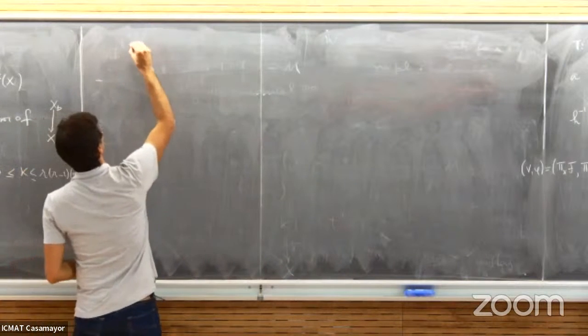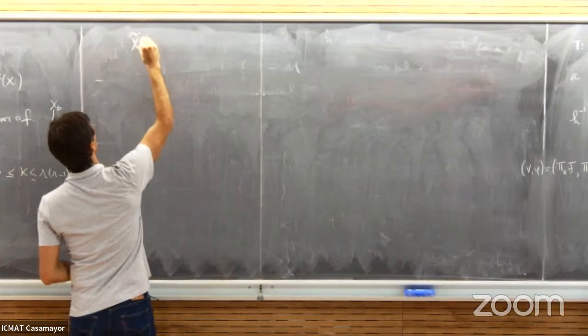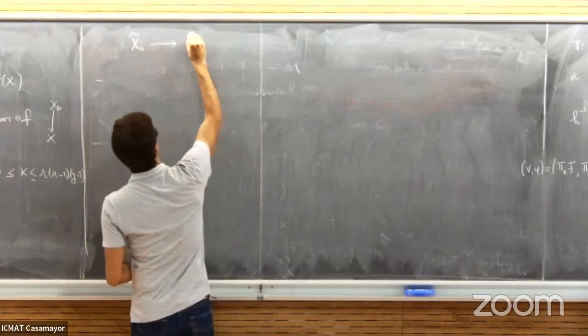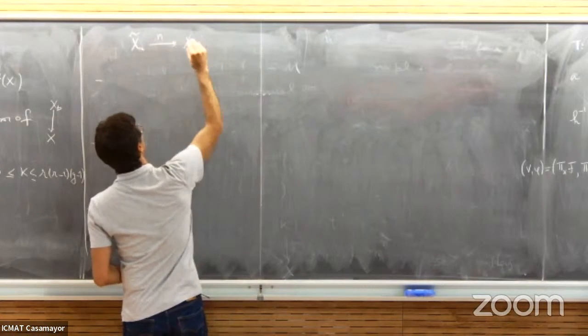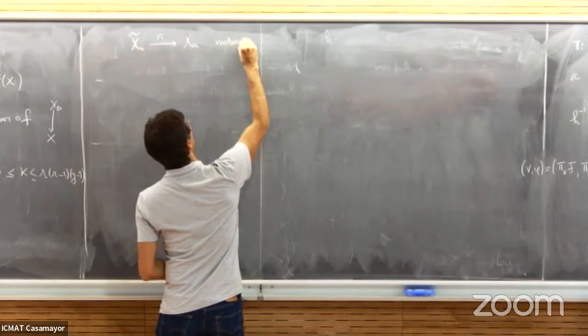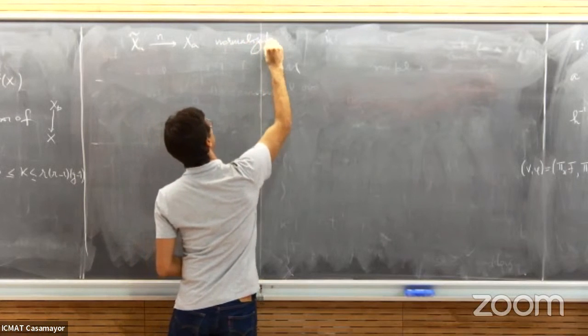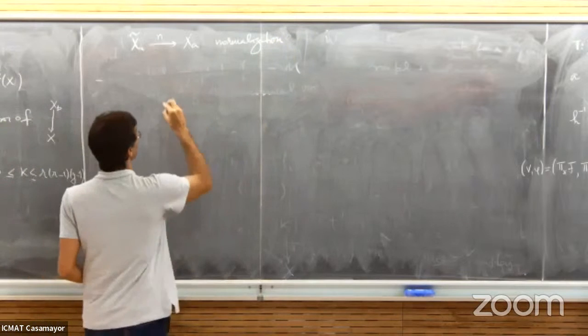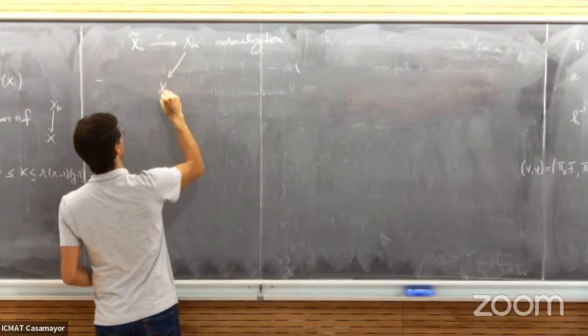Okay, so now I'm constructing the Lagrangians. Take the normalization map. X_A tilde is going to be a smooth curve, and we have this diagram.